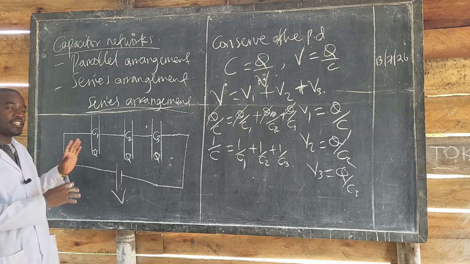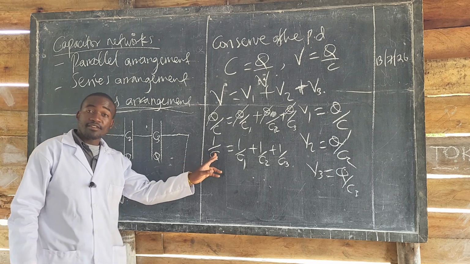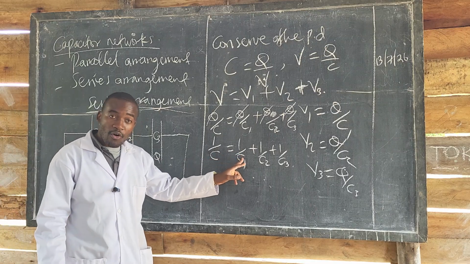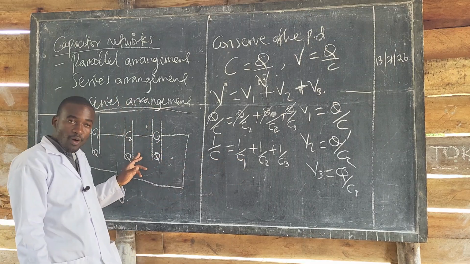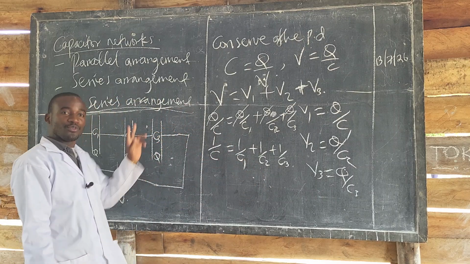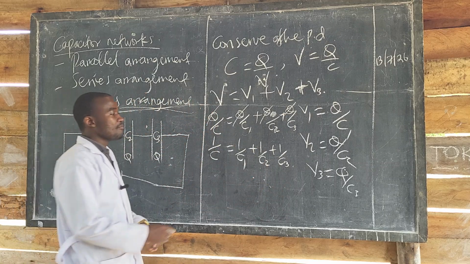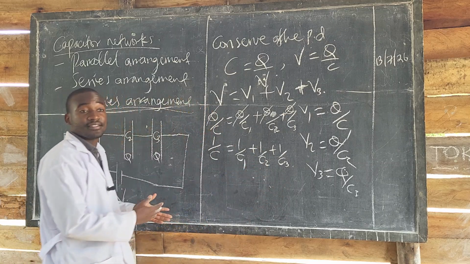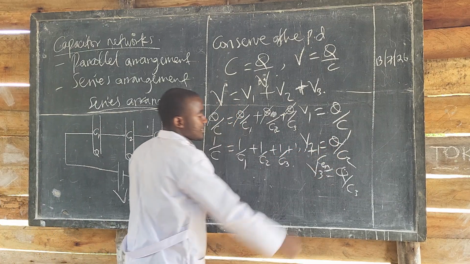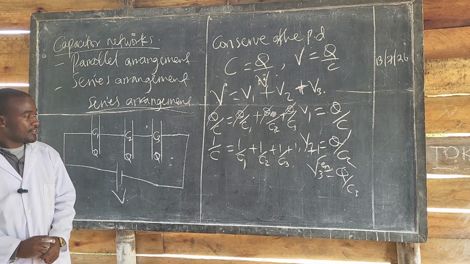The reciprocal of the effective capacitance of capacitors in series is the sum of the reciprocals of the individual capacitances, and so on, plus 1 over Cn, where n is the maximum number of capacitors you have.